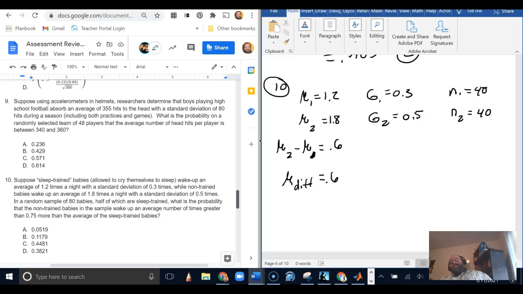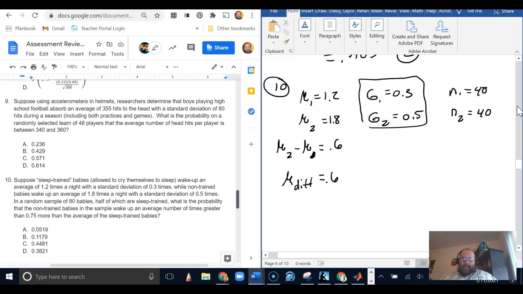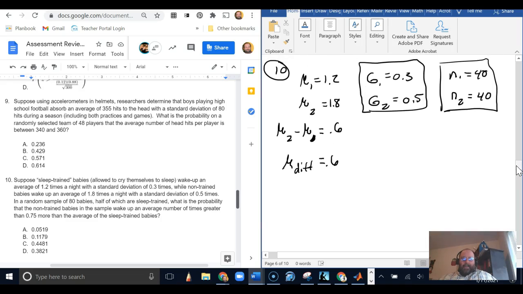Here, standard deviation is a little weird, and the way we're going to calculate that, we're going to hold on to this for a second. But we have to use these to do it. So right now we know we have an unbiased indicator. So the mean of the samples of the differences should be the mean of the differences, which is still 0.6. And that's going to work because it's just like grabbing any two together.